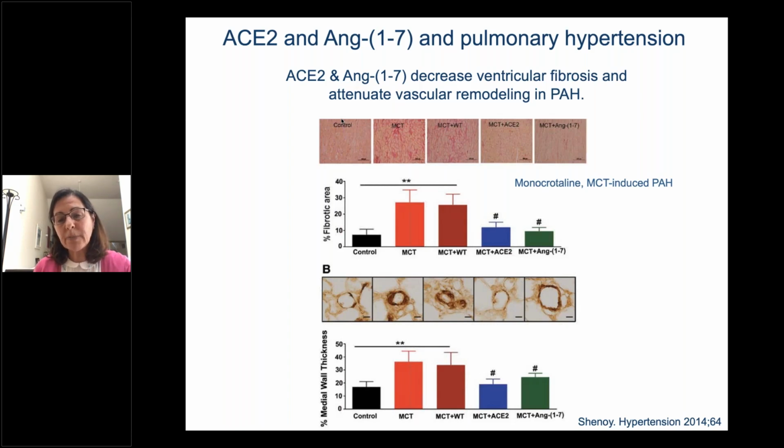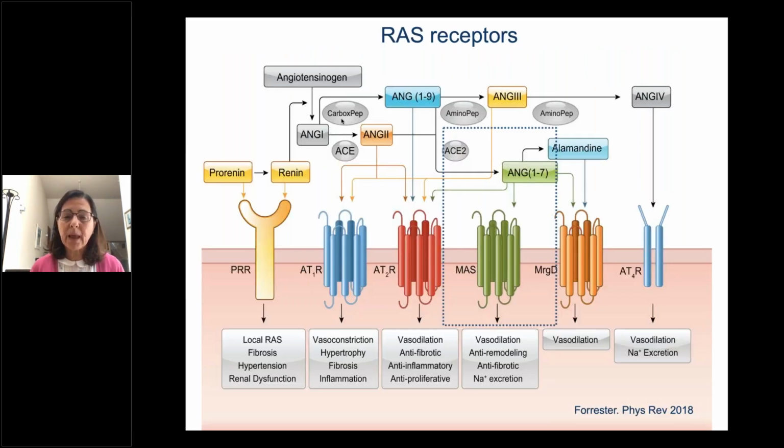When these mice with pulmonary hypertension are treated with ACE2 or with Ang 1-7, the ventricular fibrosis and the vascular remodeling are markedly improved.